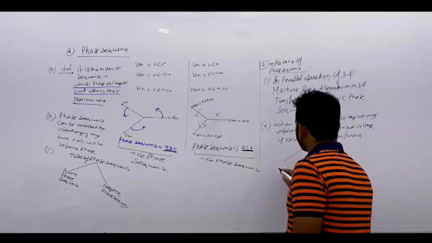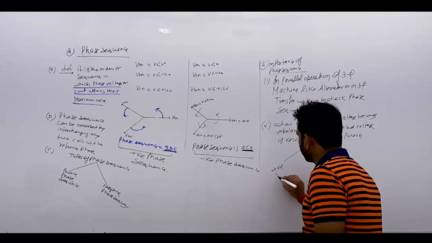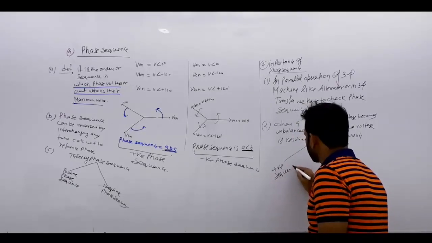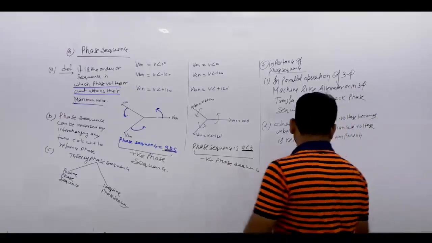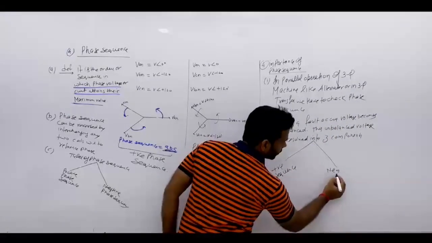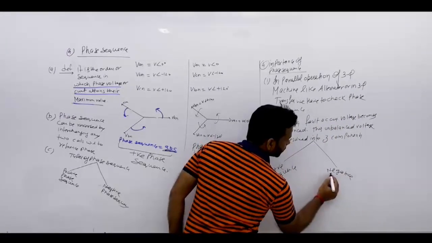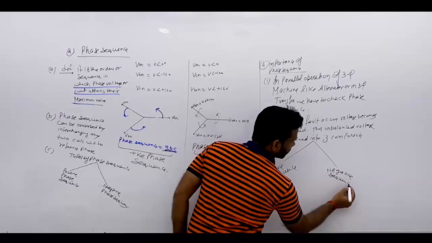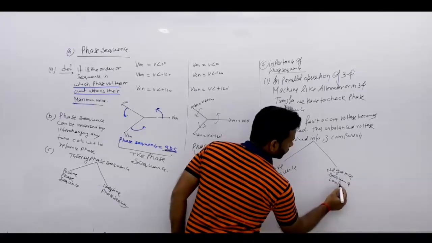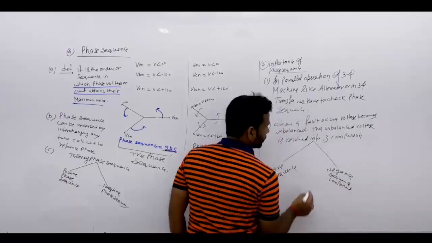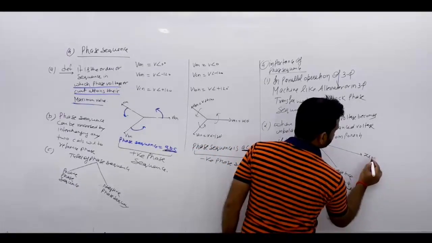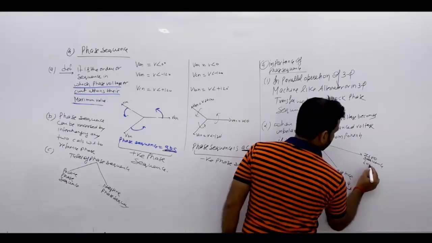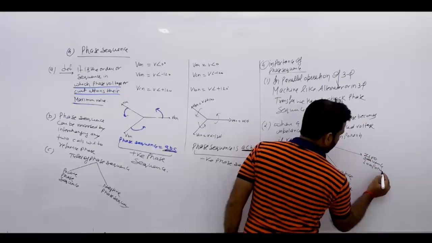They are the positive sequence component, the negative sequence component, and the last one is the zero sequence component. Okay, up to here.